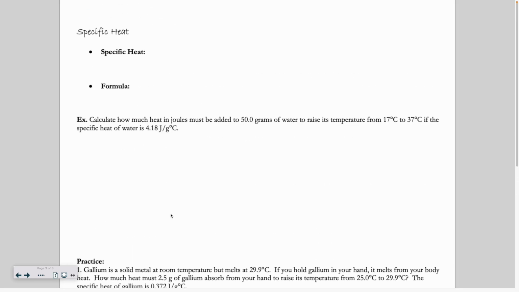Okay, so your specific heat is the amount of heat required to increase the temperature of a substance by 1 degree Celsius. Specifically, it's 1 gram of a substance.